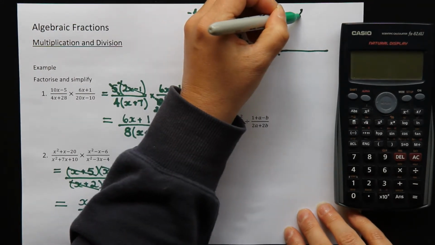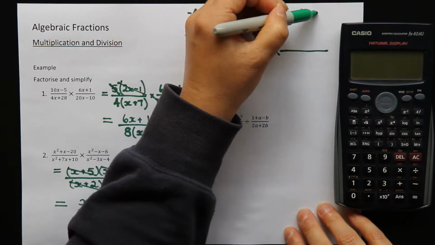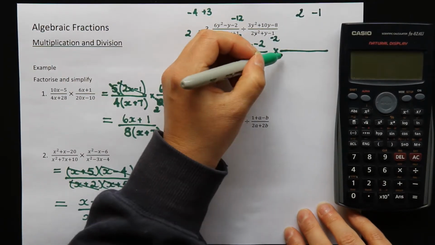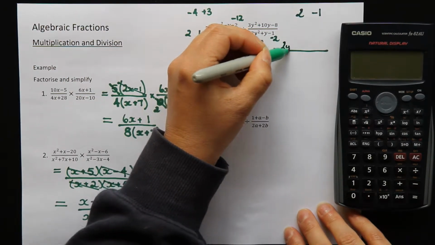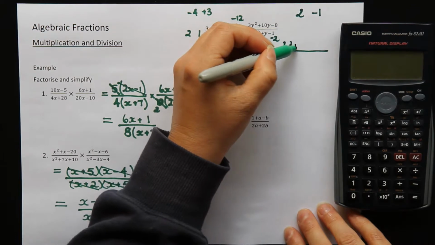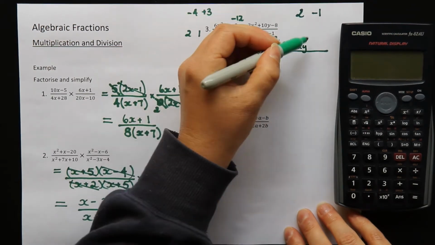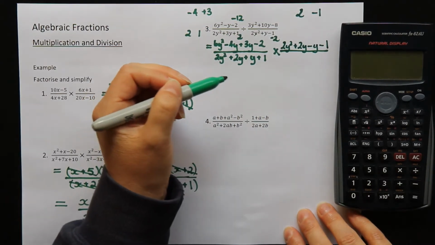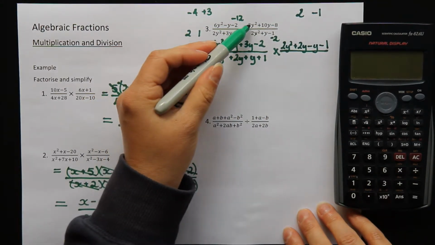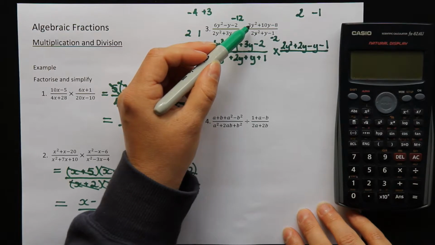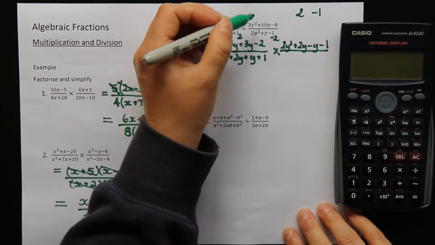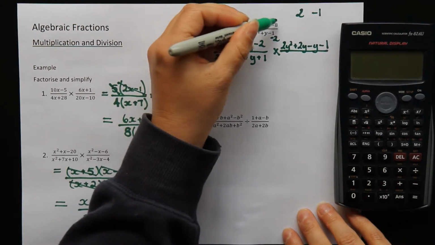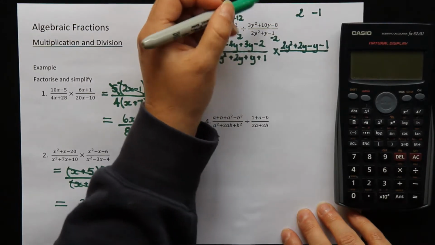A positive 2 and a negative 1. So let's split that apart. 2y squared plus 2y minus y minus 1. And on the bottom, this one's going to go to the bottom. Again, a harder trinomial, times the 3 with a negative 8 to get negative 24.